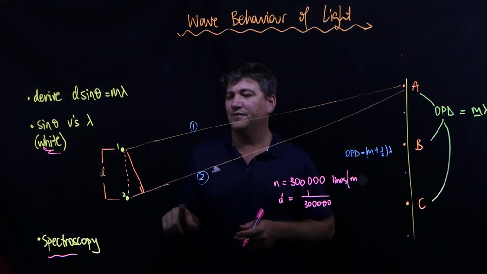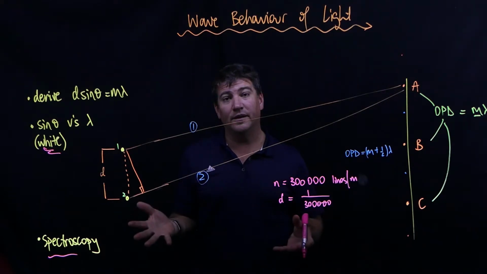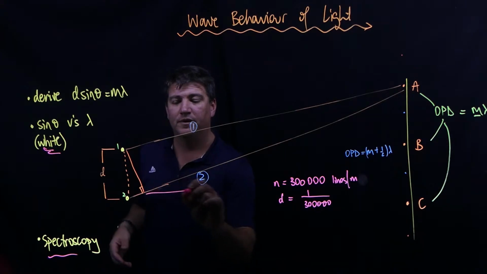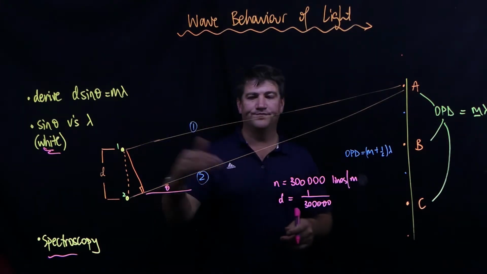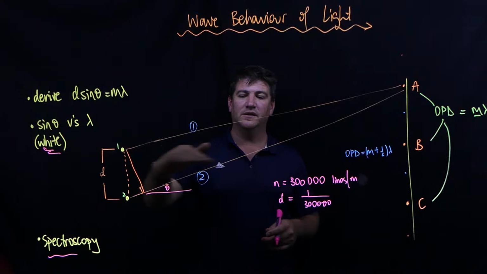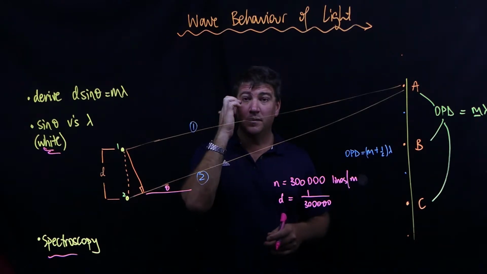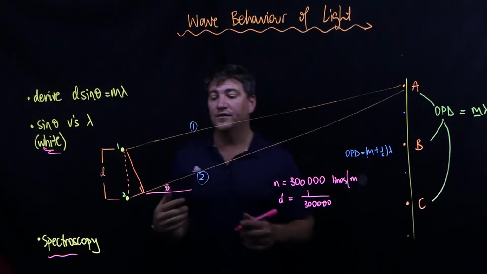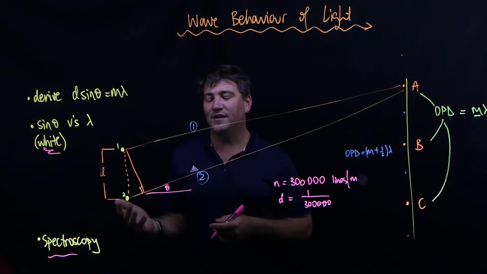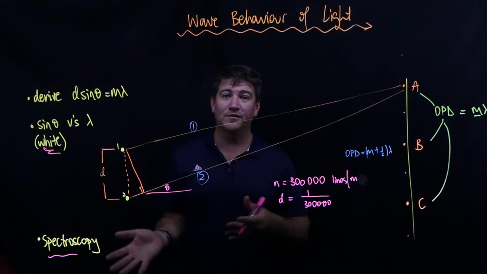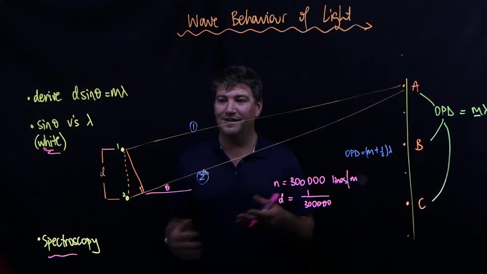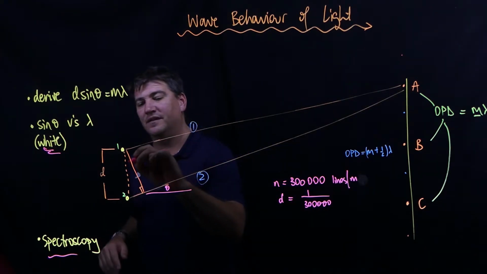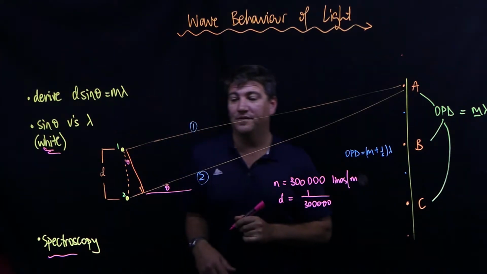The other thing that we're going to do is look at the angle that these things diffract through. So here is the angle. We've got this diffraction angle, so by using the fact that for small angles sine theta equals tan theta, we can say that this angle up here is also theta.